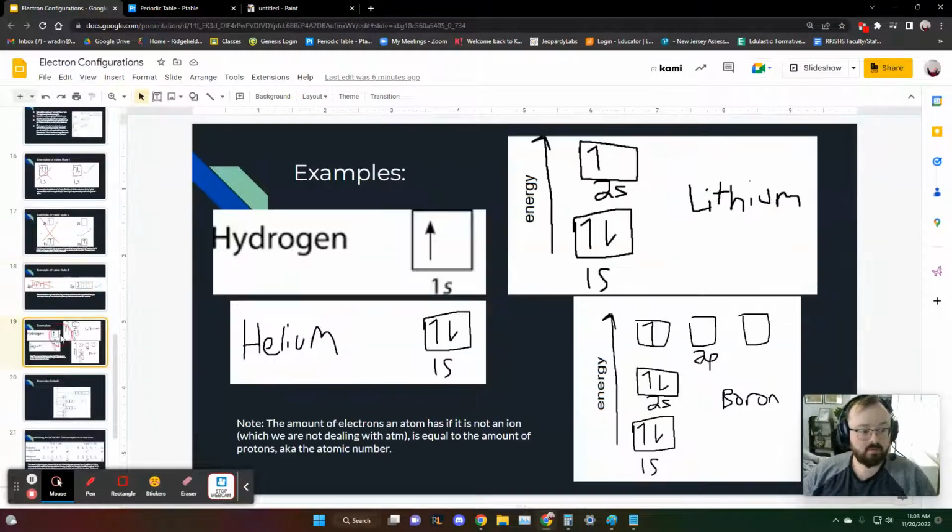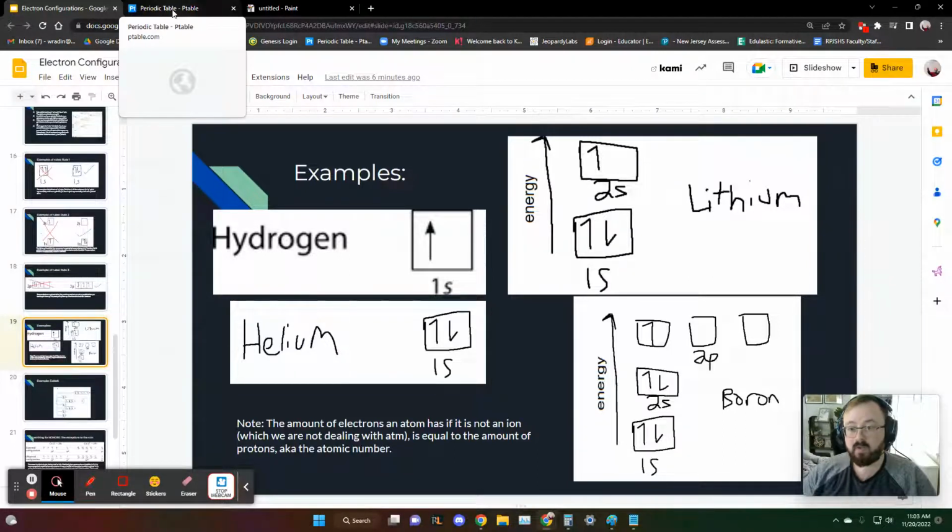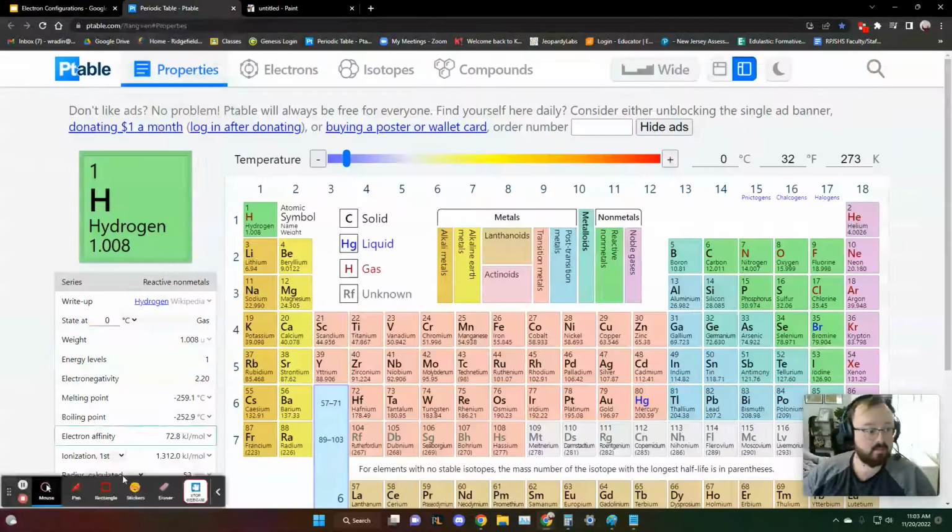So those are the rules, and I go through just a little bit of them. The amount of electrons depends on whether or not it is an ion. The base rules, and you will get a periodic table, and you need to know this, is the atomic number is the amount of protons an atom has.